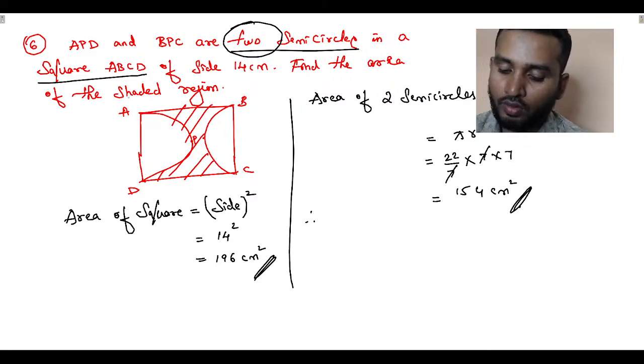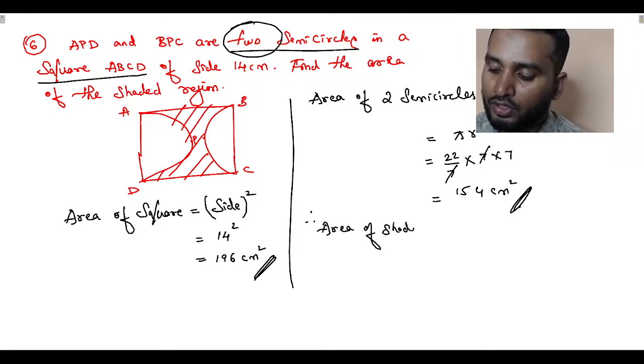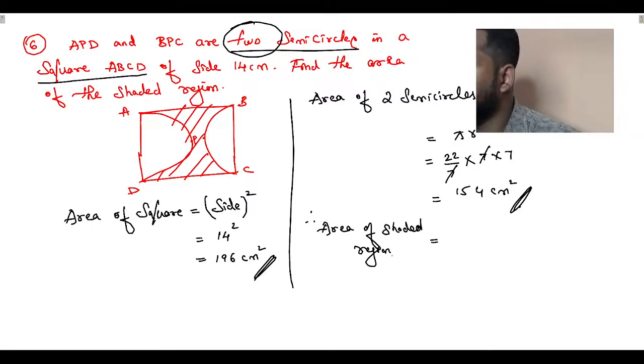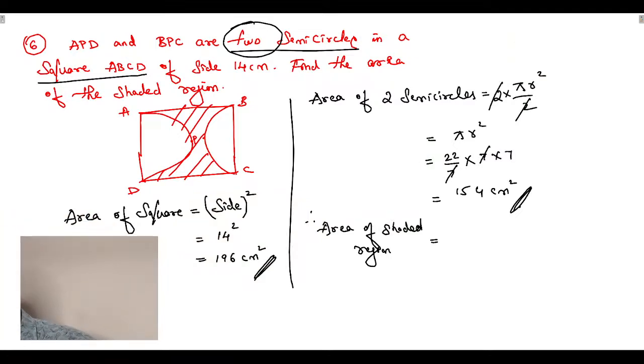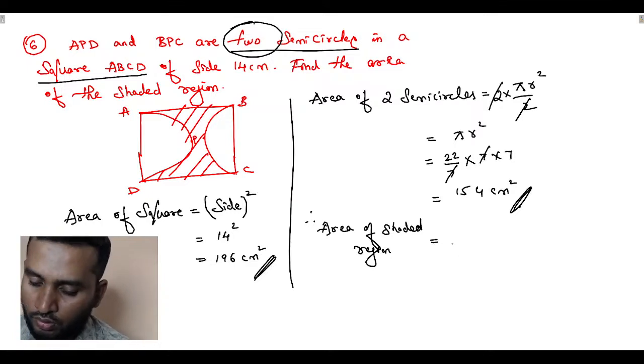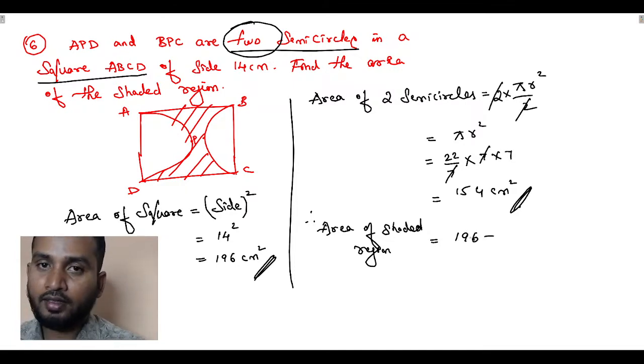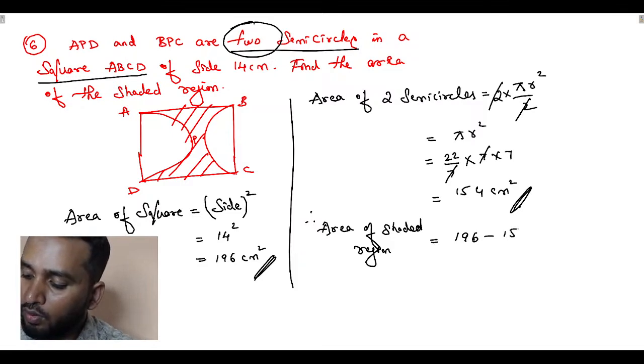Now what we should do, from the entire square to find the shaded region, therefore area of shaded region is equal to the total area, that is nothing but 196 minus the inside area, that is 154.